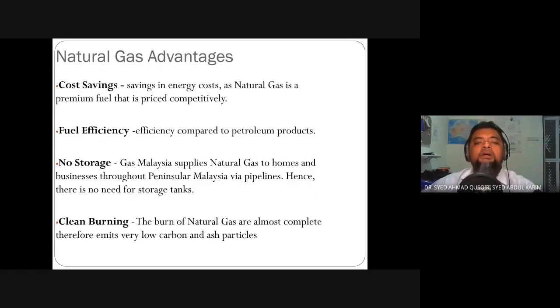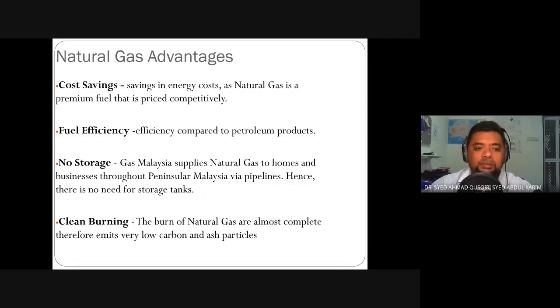In terms of advantages, there are a lot, but these are just the main. Cost saving: natural gas is a premium fuel, priced competitively, cheaper than other petroleum products such as petrol and diesel. Efficiency: fuel efficiency is comparable to other petroleum products.